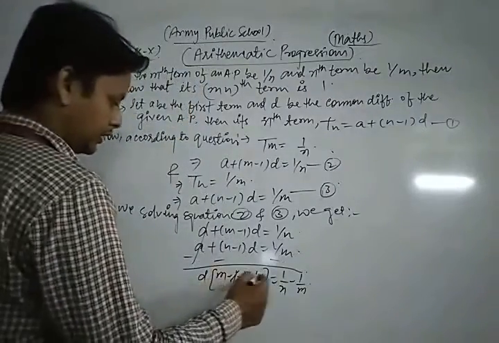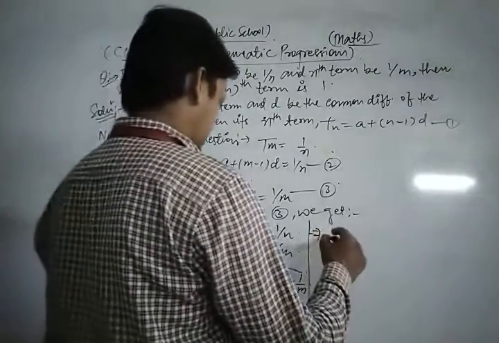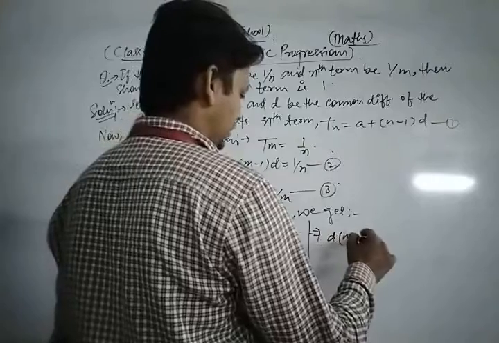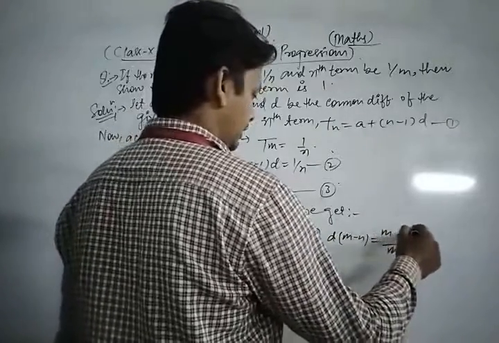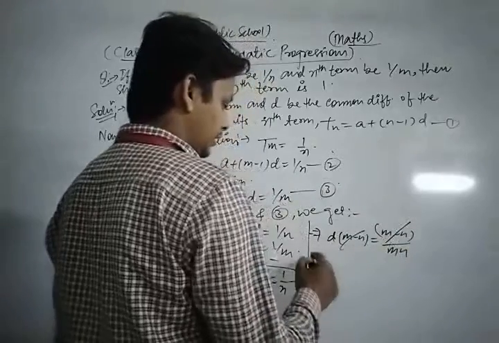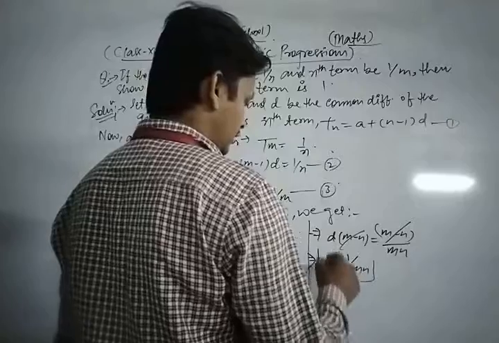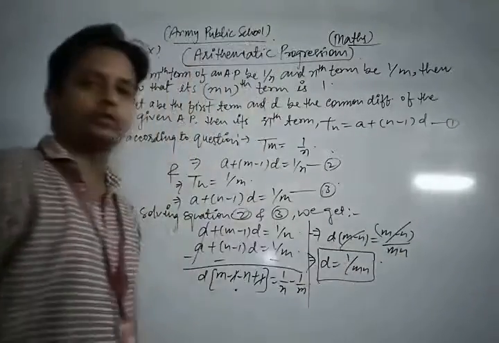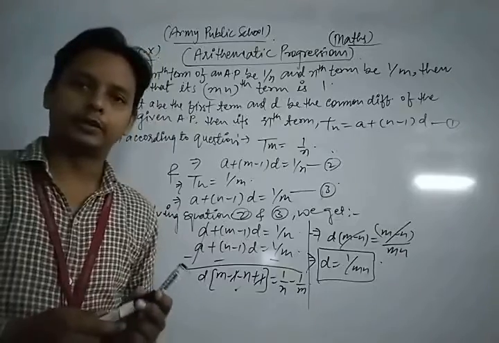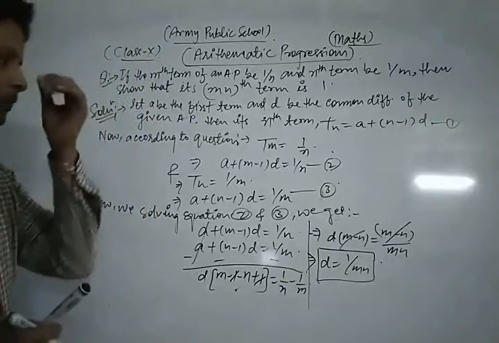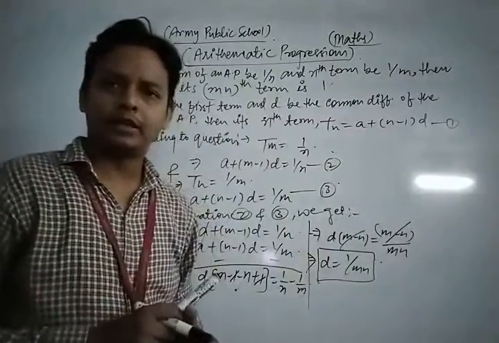Now plus 1 minus 1 cancel each other, so D into m minus n is equal to, taking mn as LCM, m minus n upon mn. Now m minus n cancels, so the value of D is 1 upon mn. D is the common difference of the given AP.